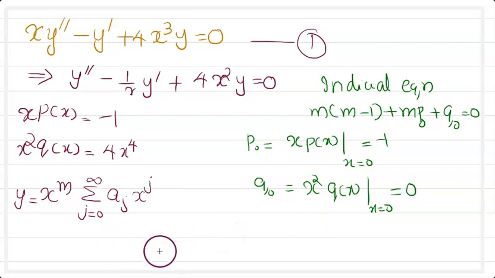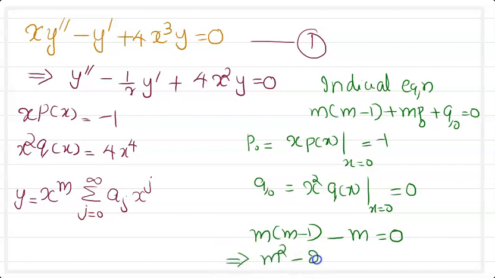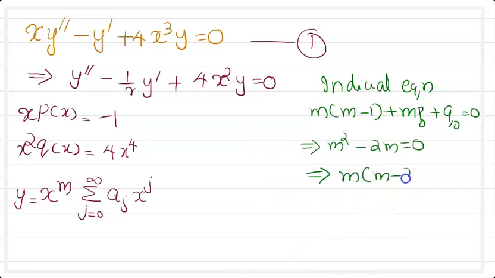Hence, the indicial equation will be m into m minus 1 minus m equal to 0, which can be expressed as m² minus 2m equal to 0. Therefore, m into m minus 2 is equal to 0, and this gives the roots 0 and 2. So, the roots of the indicial equation are 0 and 2.